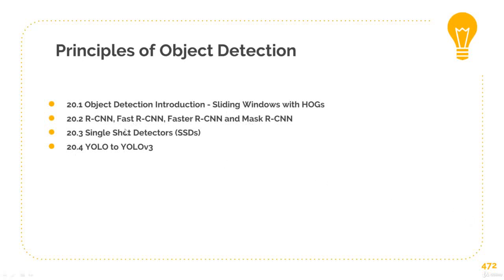And then I take a look at single shot detectors, SSDs, which are one of the most modern object detector algorithms out there. And then I discuss YOLO, which is a competing object detection algorithm right now. So these two are the latest and greatest state-of-the-art object detectors, and we're going to go through them in detail and then test them in the following chapters.